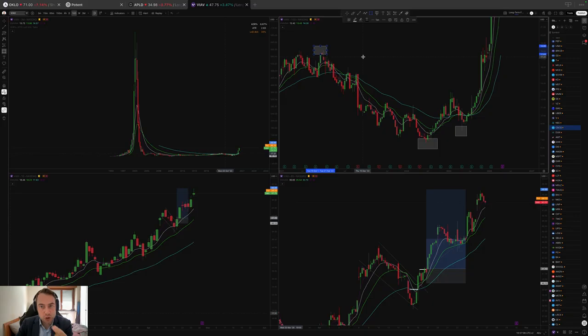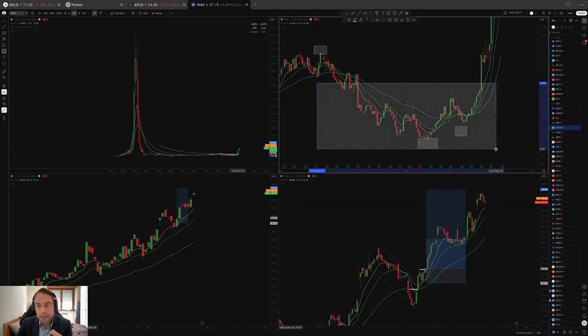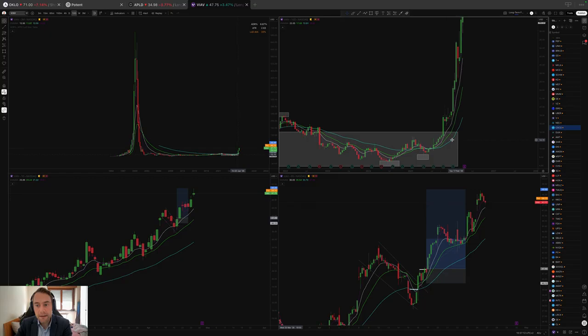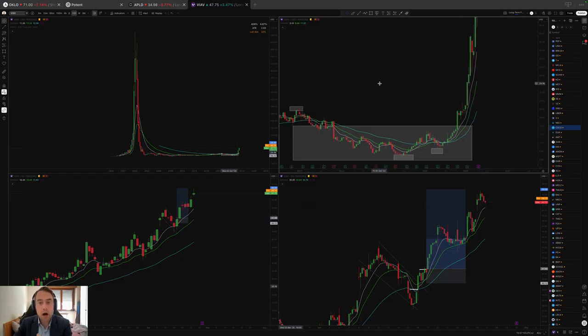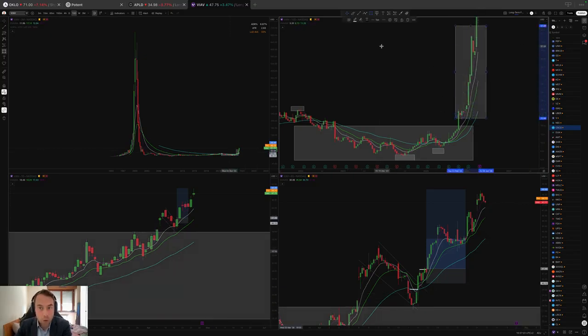What we need to know is to spot the accumulation, and then after the accumulation, since we are aligning ourselves with the composite operator, we are just trading where we know.